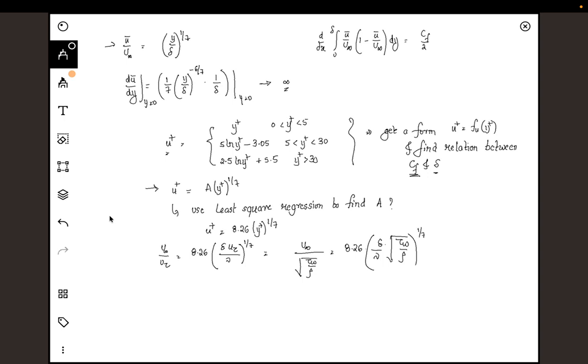So if you were to simplify this even more, this entire term is basically 2 by cf, right? Cf is basically tau w by half rho u infinity square. So if I just take a square root, this will be square root of 2 by cf.